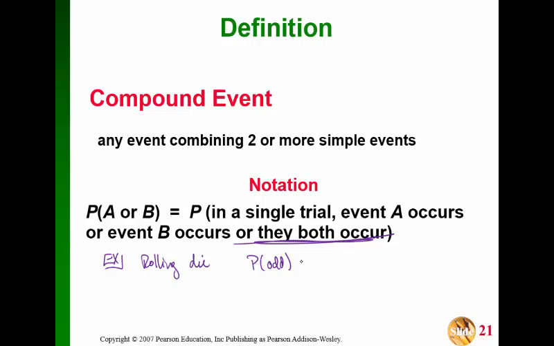So the event that we roll an odd number is going to be a combination of three events: the probability that we roll a 1, or a 3, or a 5. I think those are the only odd numbers between 1 and 6. So this would be an example of when you would use an OR statement. You would figure out the probability of rolling a 1 or a 3 or a 5.